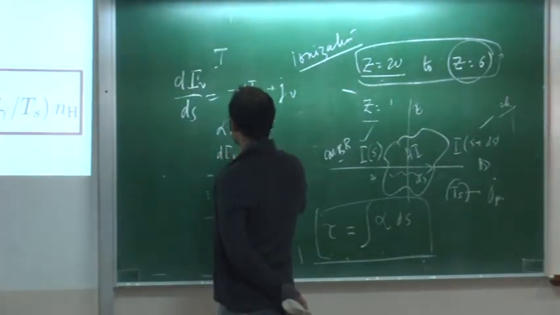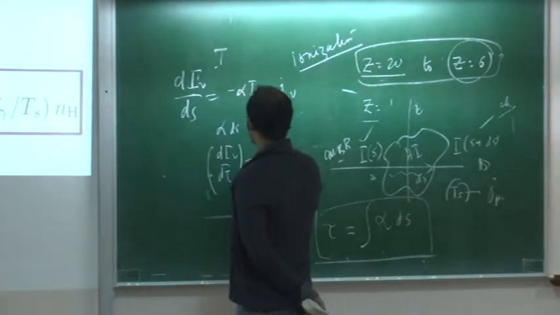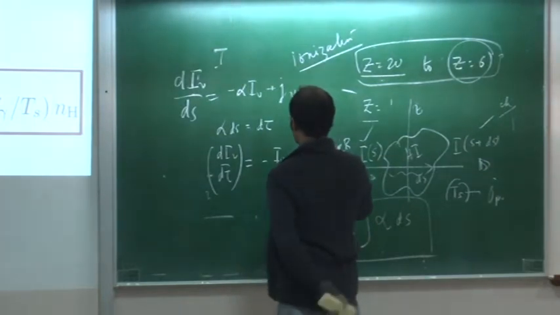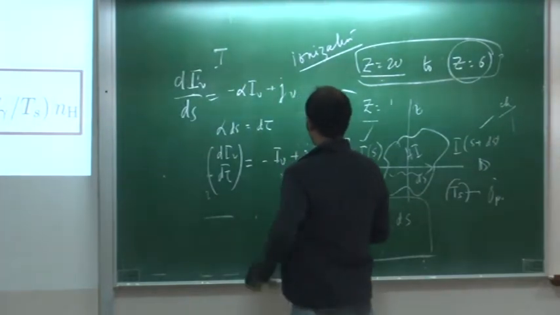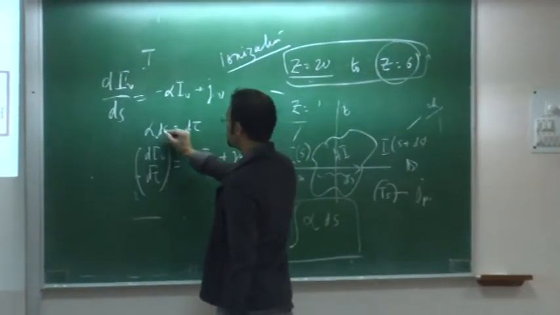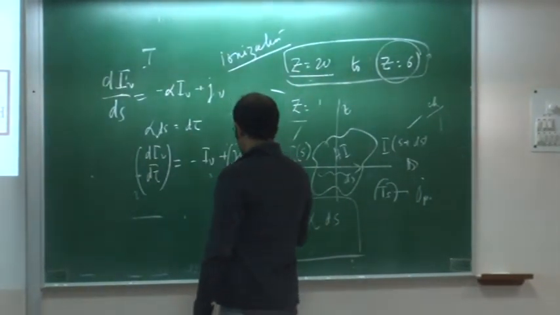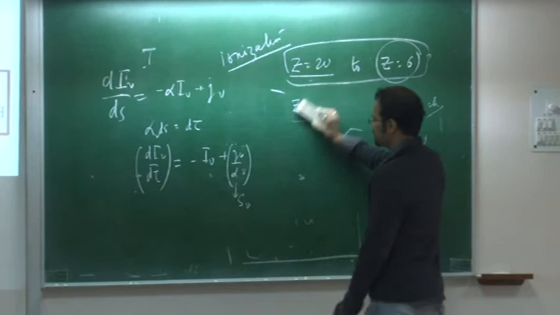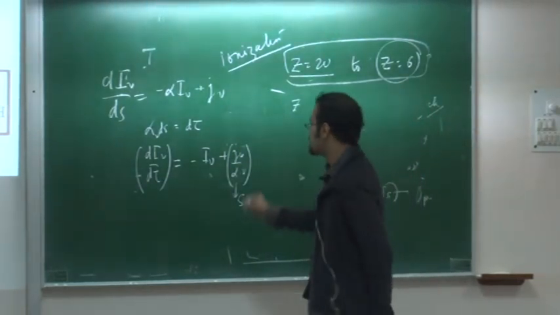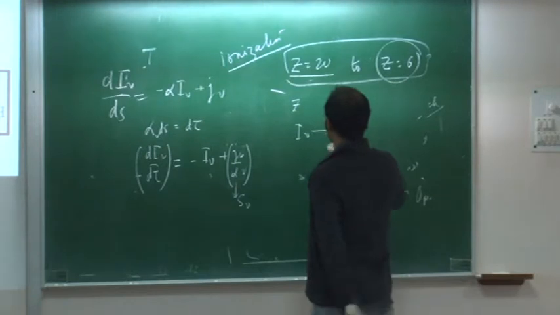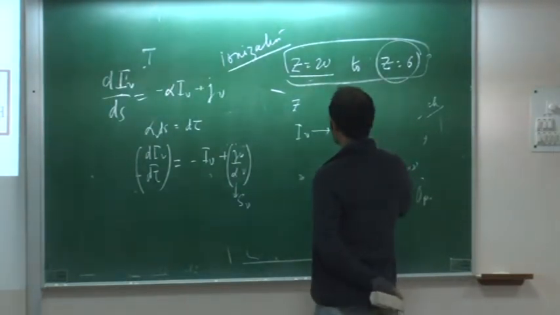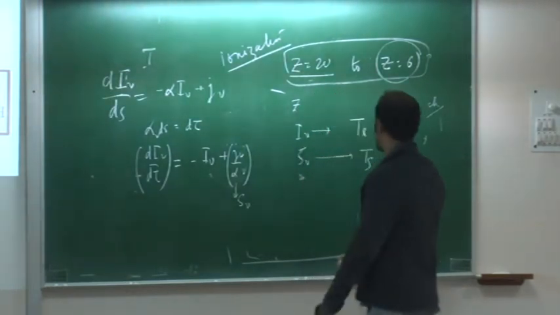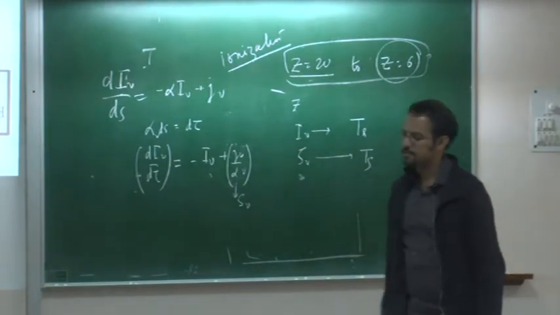So I have dI nu by d tau equals minus I nu plus j nu by alpha nu. This quantity is called a source function, and then you integrate it. When you integrate it, you get this, assuming that I nu is basically related to T, and S nu is related to Ts. And you get this.